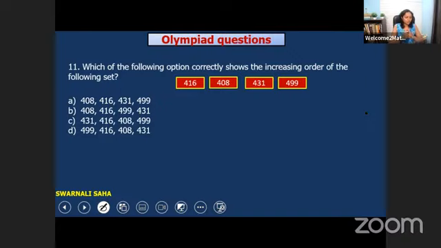Increasing order. First, you have to solve this, then I will show you the answer. Increasing order means smallest number to largest number.